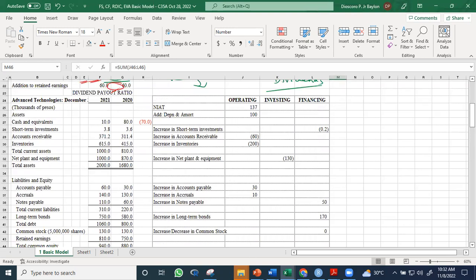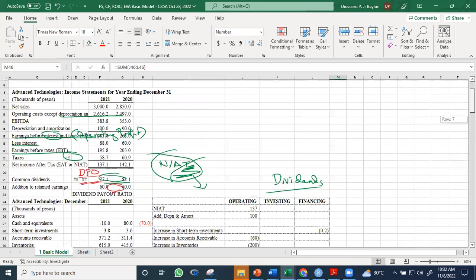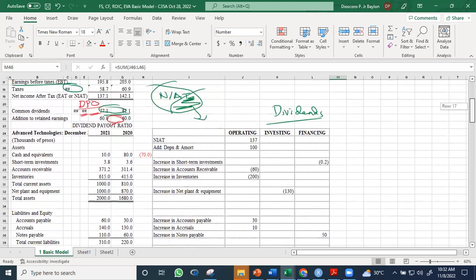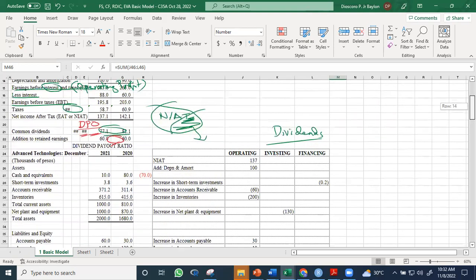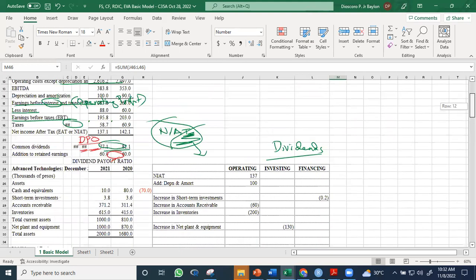First, is there anything in the income statement that involves cash outlay that has not yet been accounted for? Kindly inspect your income statement. Is there anything there that involves cash that we have not yet included?